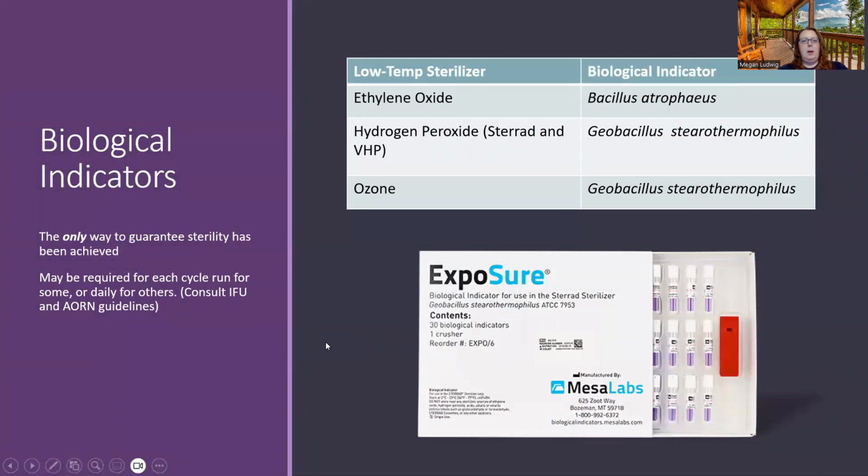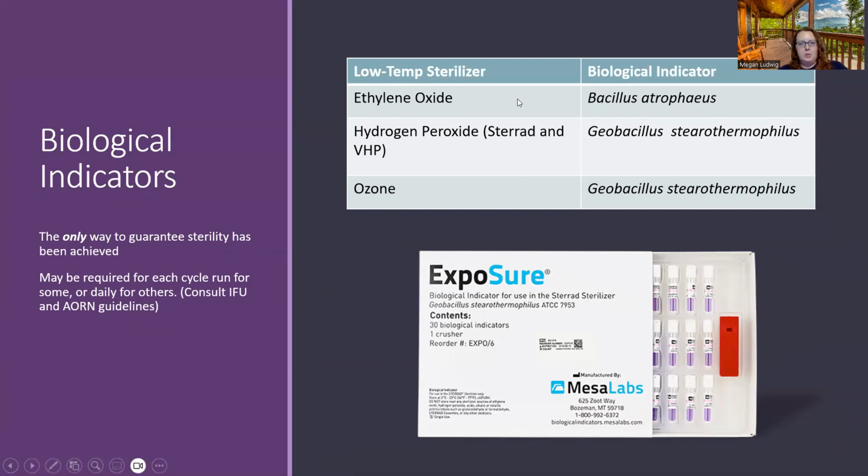Now we have to talk about biological indicators before we finish. So with each of these loads, to make sure that they're effective, you have to not just have a chemical indicator that shows the load went through the process. You have to have a biological indicator to show that sterility truly was met. That's the only way. Biological indicators are the only way to make sure sterility has been achieved.